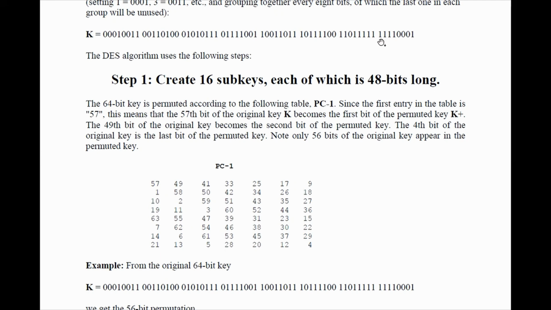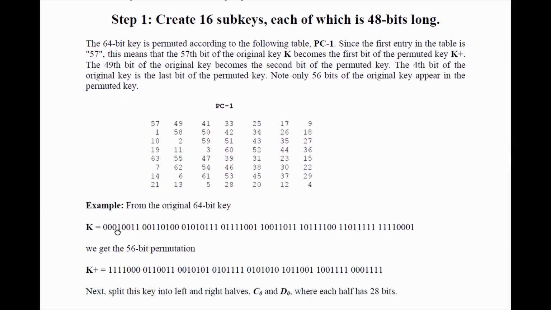The 57th bit is the one that gets copied at the first location. This is the input and this is the output. If you apply this table on this input, you will get this as output. So the 57th bit you are copying at the first location.